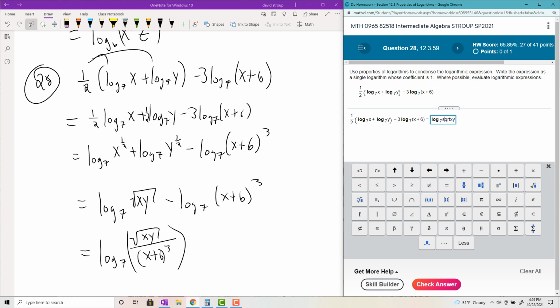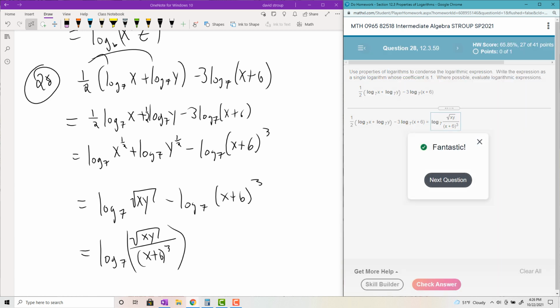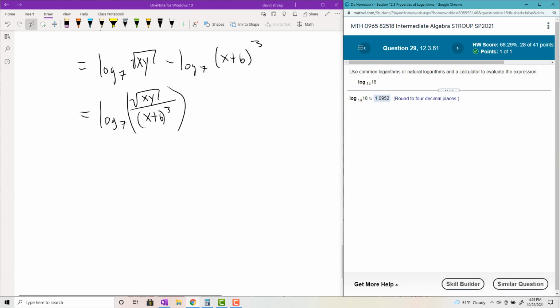You have to put a little slash in front of sqrt, right? And then you can just pop the xy in there. And then divided by x plus 6 to the, so you do the caret key, 3rd. Yay. Okay, so those get harder and harder.